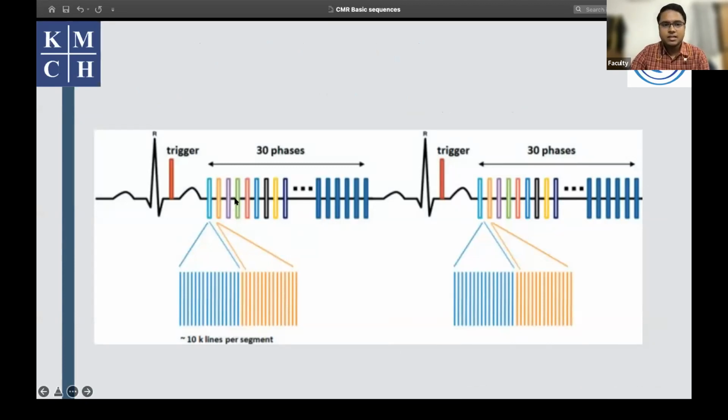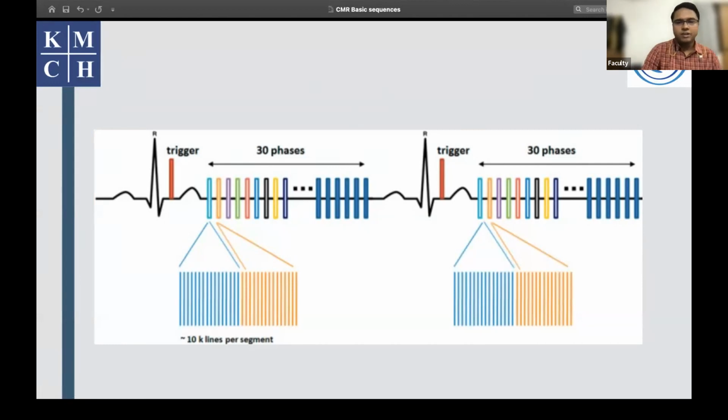So what happens is that you first divide each RR interval into a number of phases. In this example, we are obtaining 30 phases from each cardiac cycle. So the RR interval is divided into 30 phases, and from each part of the cardiac cycle, an amount of imaging data is acquired, and this is repeated over multiple RR intervals to generate an image.